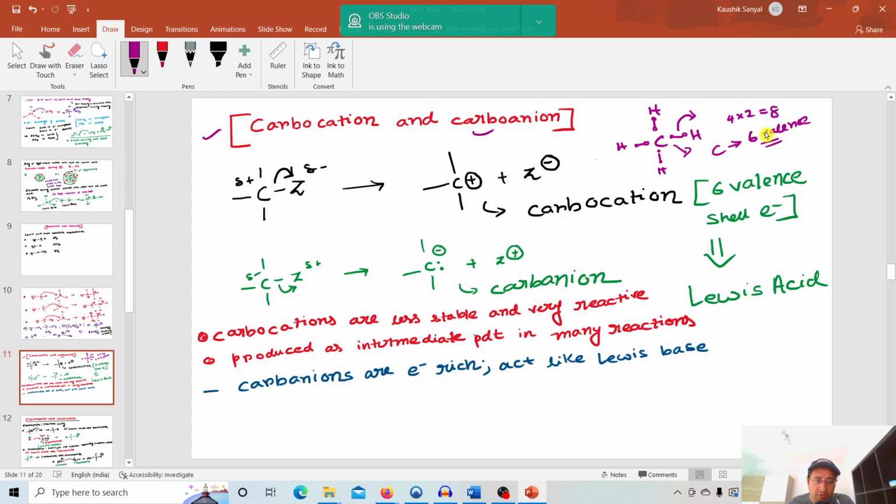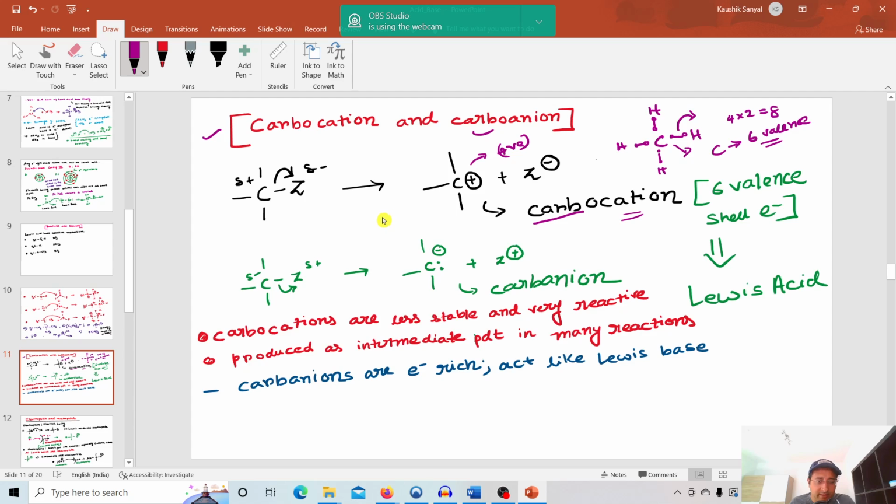Its octet is now not fulfilled. After this bond breakage, the carbon atom will have a positive center. This positive carbon is called the carbocation. Carbo means the positive center is made of carbon, and as it forms a cation, it is called the carbocation.